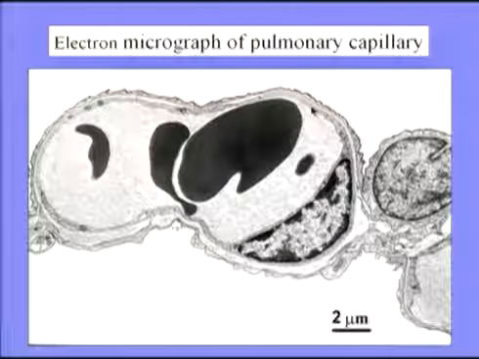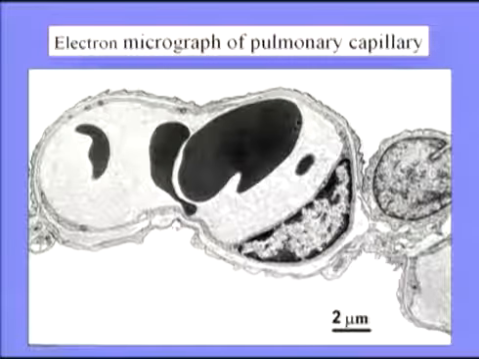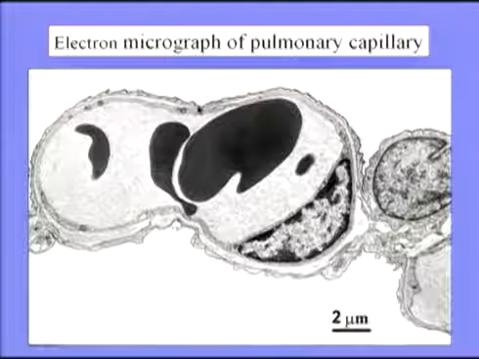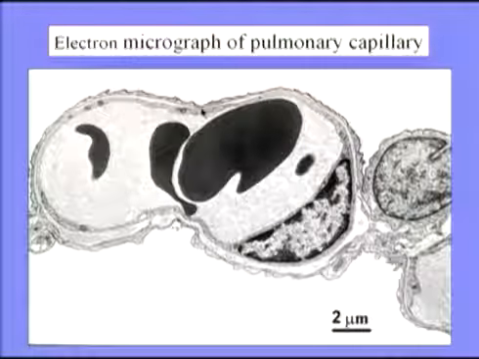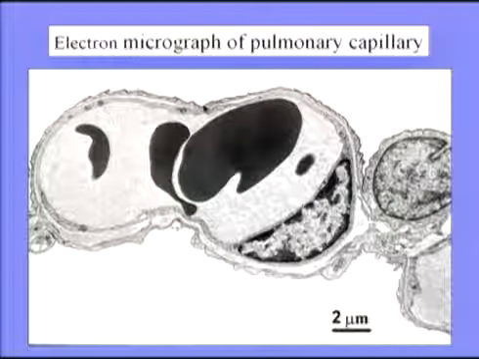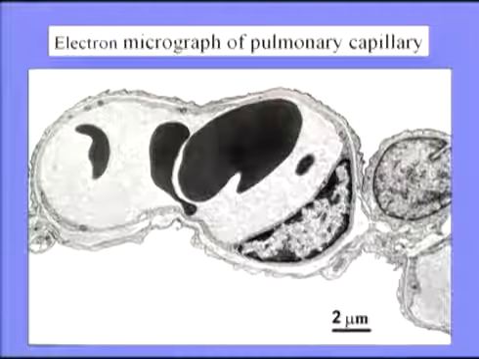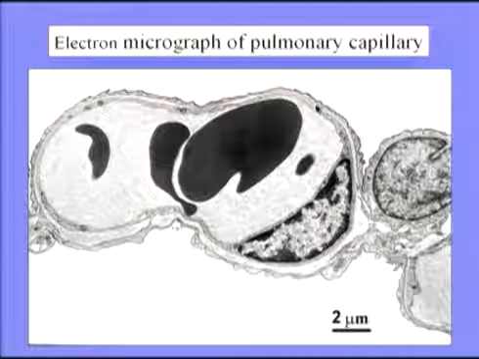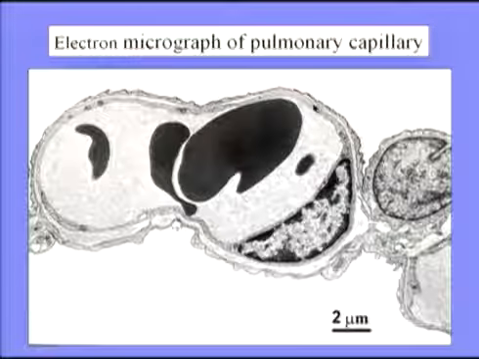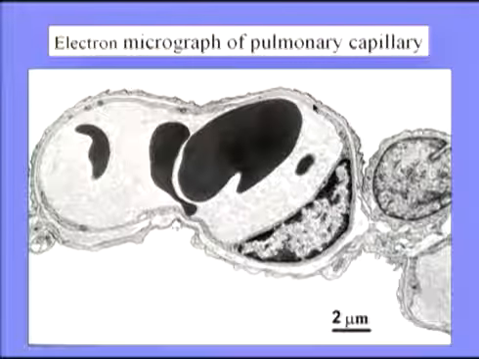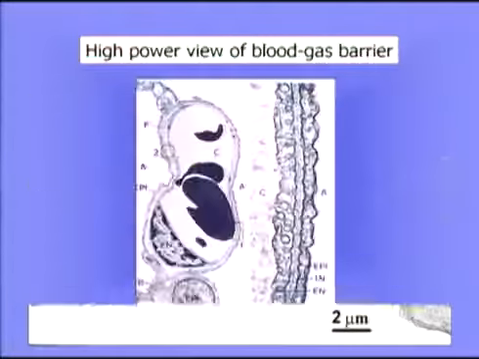And this extracellular matrix is a critical part of the structure of the capillary because, of course, the blood gas barrier is extremely thin, of the order of 0.2, 0.3 of a micron in thickness, and therefore it's vulnerable in terms of its mechanical properties. And we believe that the extracellular matrix here has the components that are responsible for the strength of the barrier.